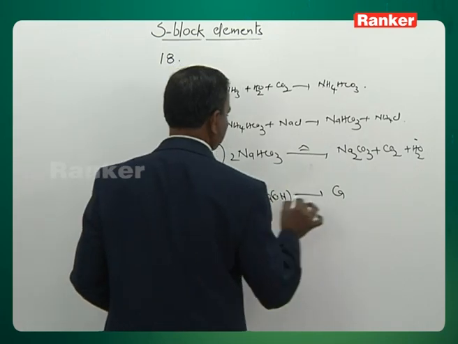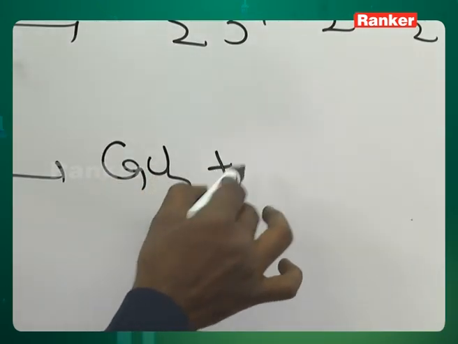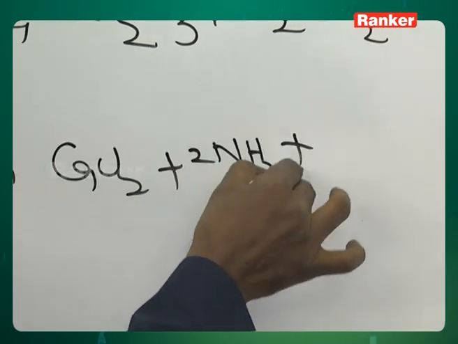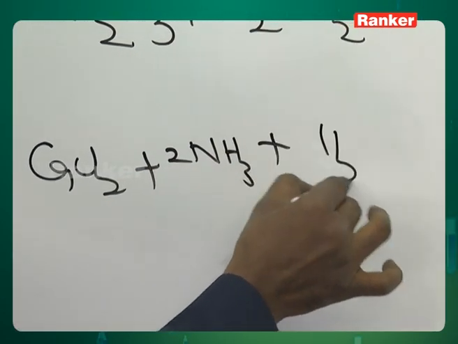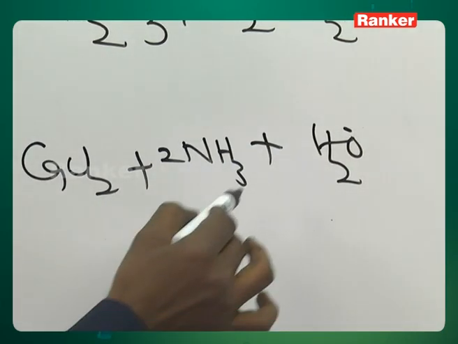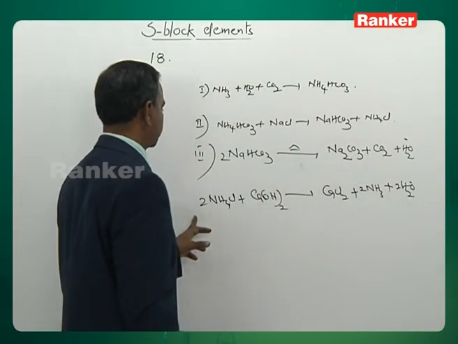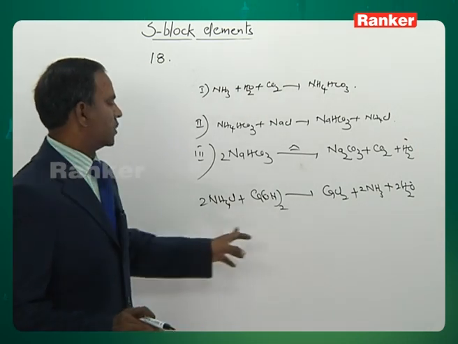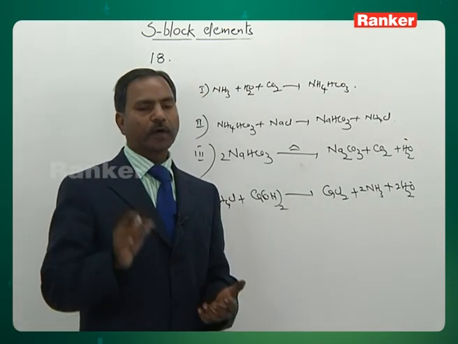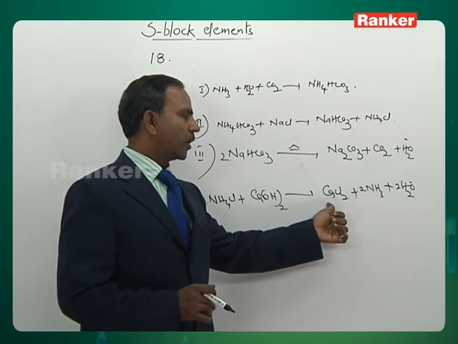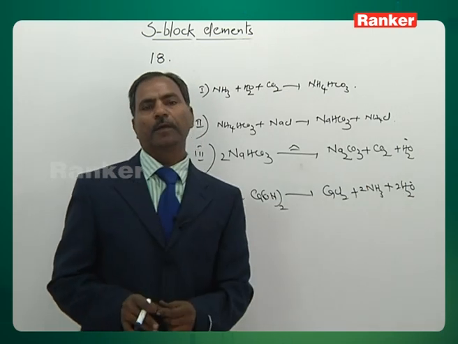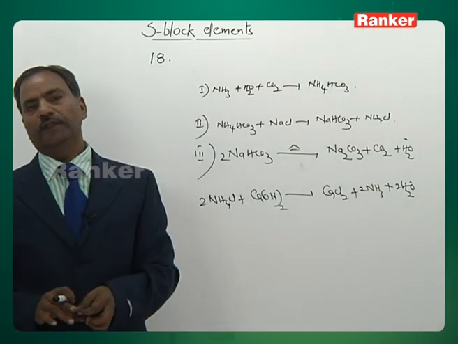Ca(OH)2 plus 2NH4Cl gives CaCl2 plus 2NH3 plus 2H2O. So, what are actually the byproducts? Calcium chloride is the byproduct, and again ammonia is the byproduct. Here CO2 is also a byproduct. These are the important byproducts in this.